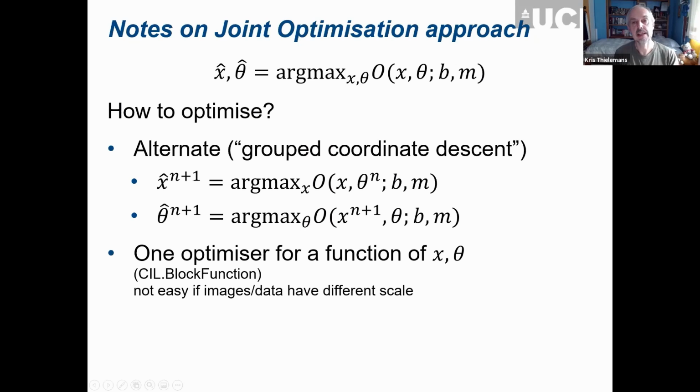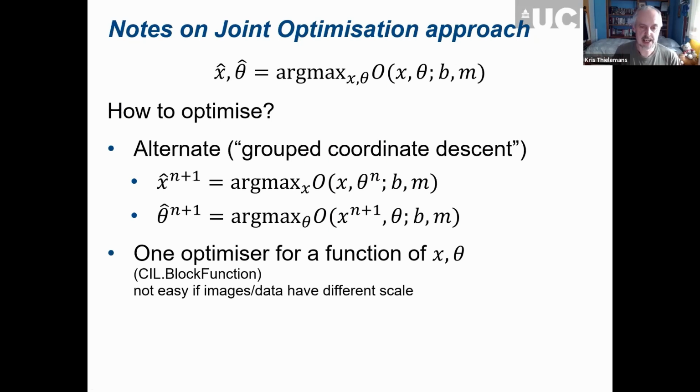Now, you could say, instead, I have a very large function here, and I'm going to throw it into my optimizer and maybe split off the regularizers with any of the algorithms that we have. This can be done in CIL as well. However, most people don't follow this particular approach, the one-optimizer approach. That is because often your images or data have very different scales.